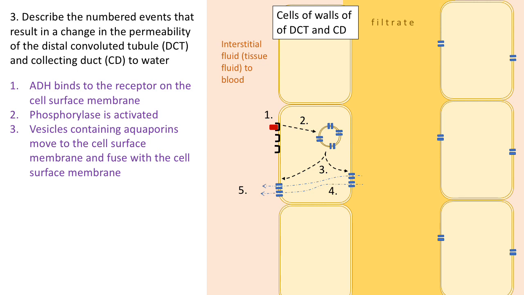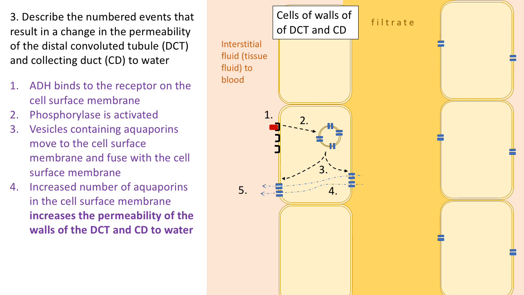So step 3, vesicles with aquaporins in the membrane migrate to the cell surface membrane and fuse. And as a consequence, there's an increased number of aquaporins in the cell surface membrane. And so this increases permeability of the walls of the DCT and collecting duct to water. And then 5, the consequence is more water is reabsorbed and more concentrated urine is produced.